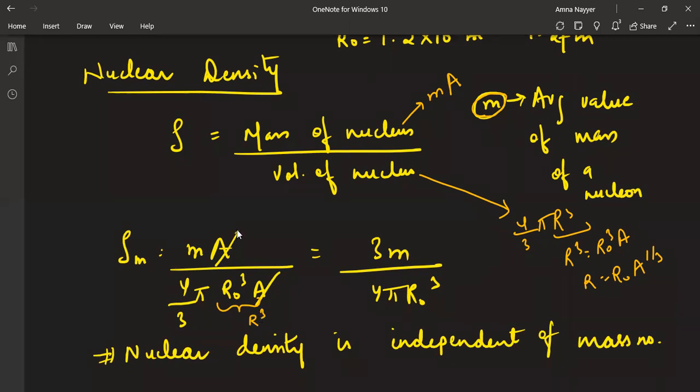From here, see the A in the numerator cancels the A in the denominator. Both mass numbers get cancelled. So this shows you that nuclear density is independent of mass number.